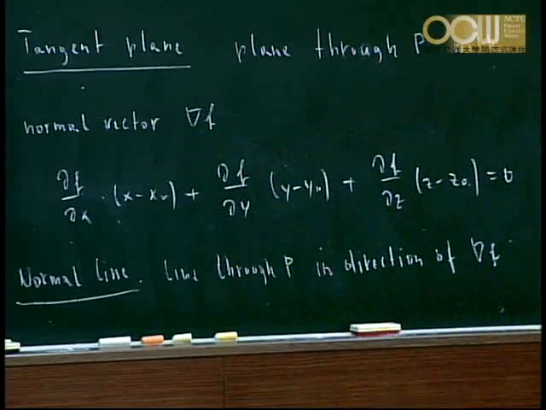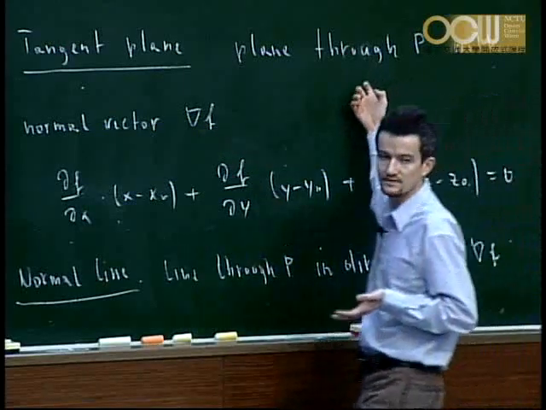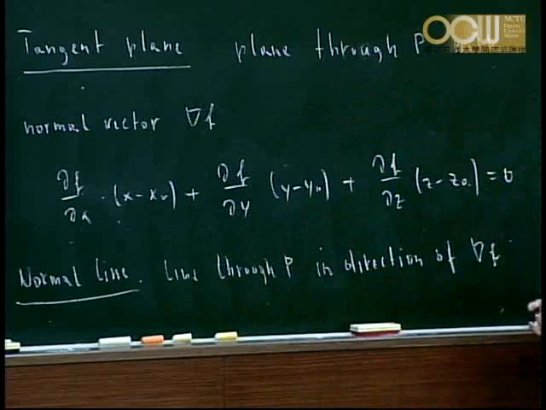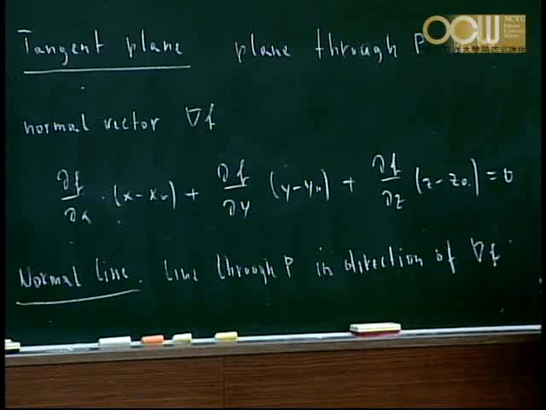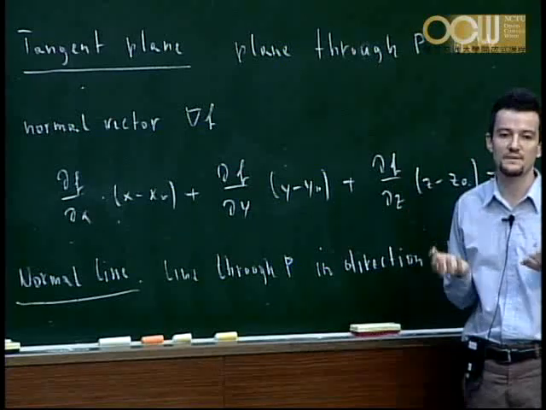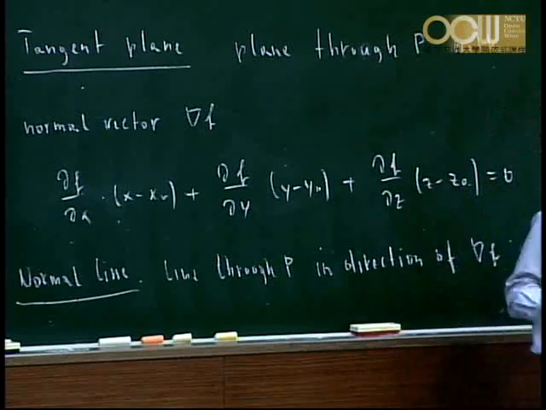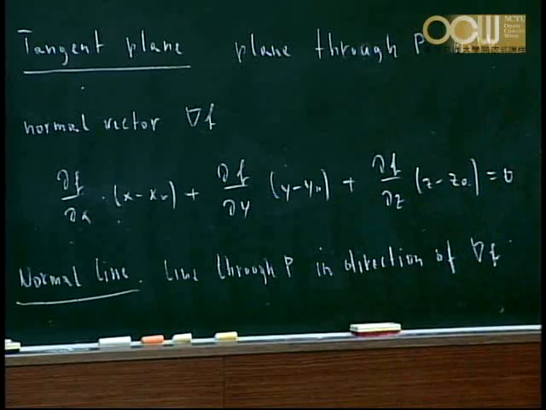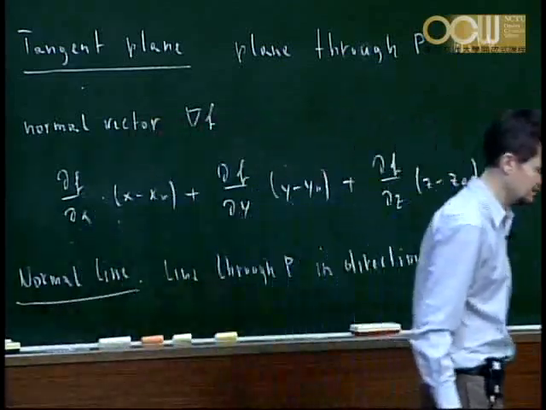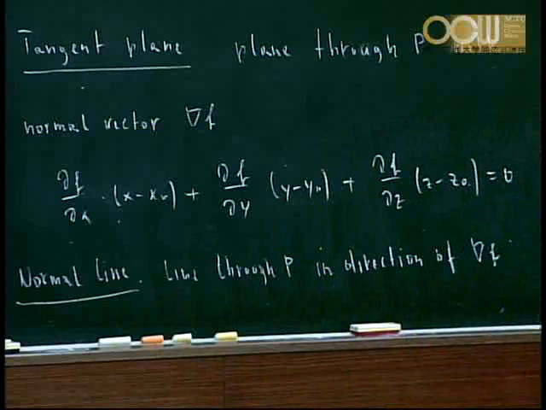This definition makes sense because this plane will contain all the tangents to smooth enough space curves which pass through the point P. So this is a definition which we will need later on for the tangent plane of a level surface.